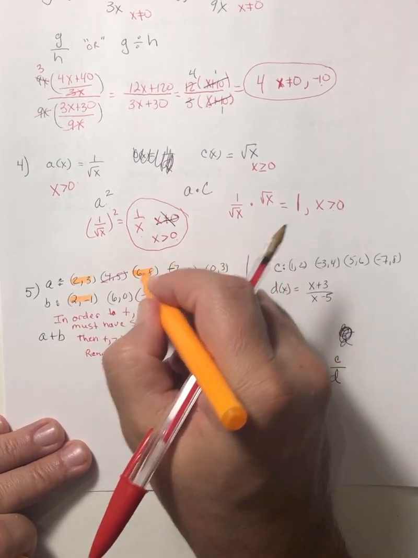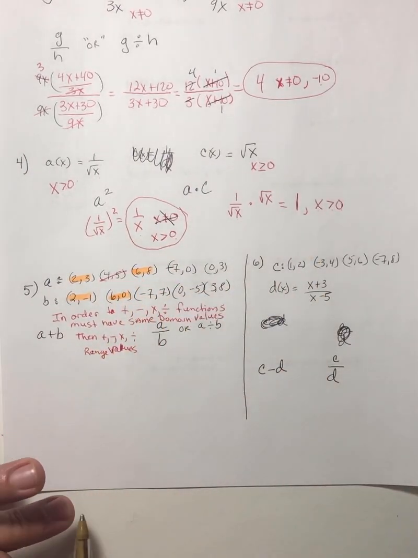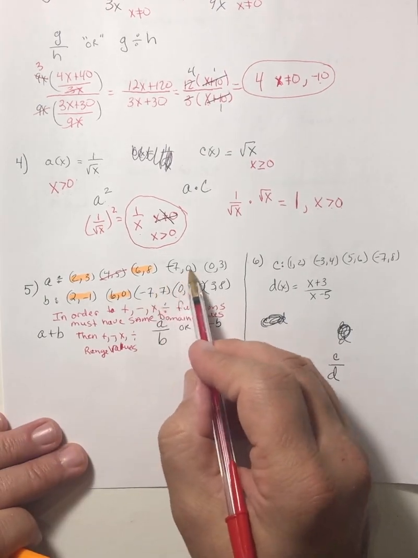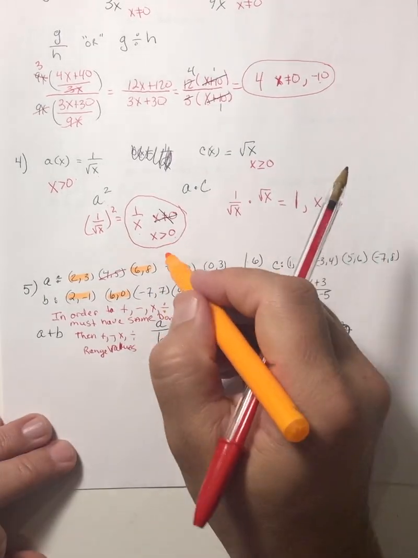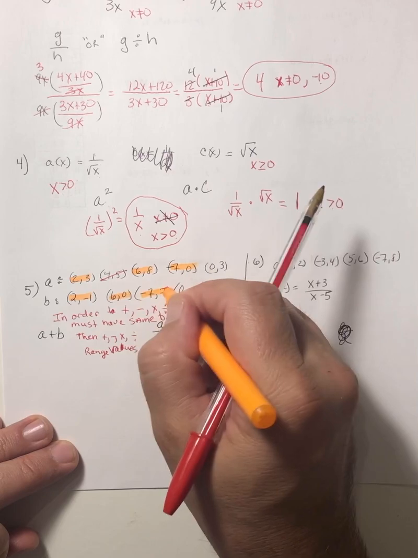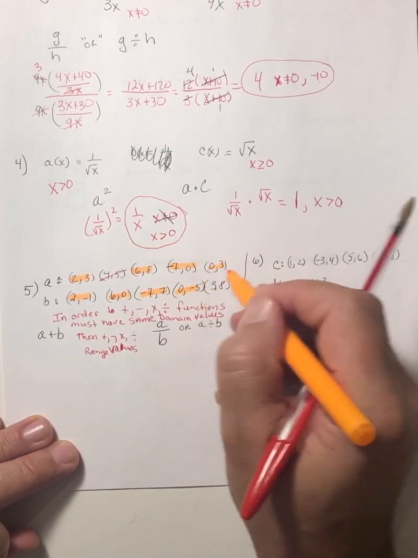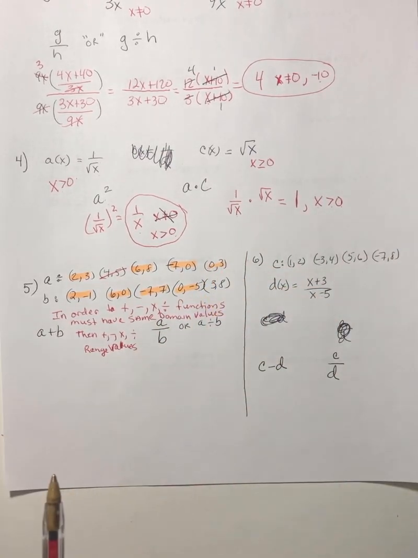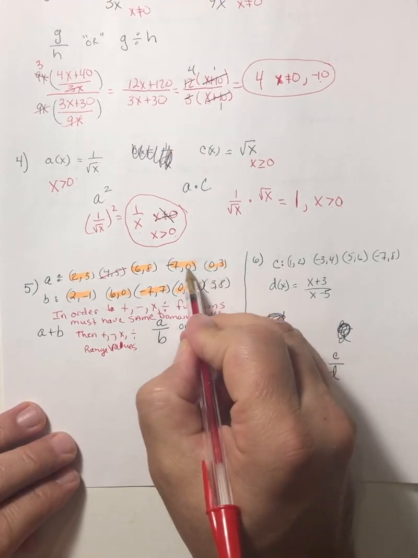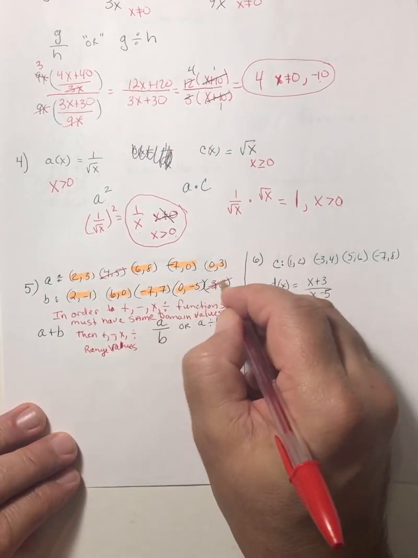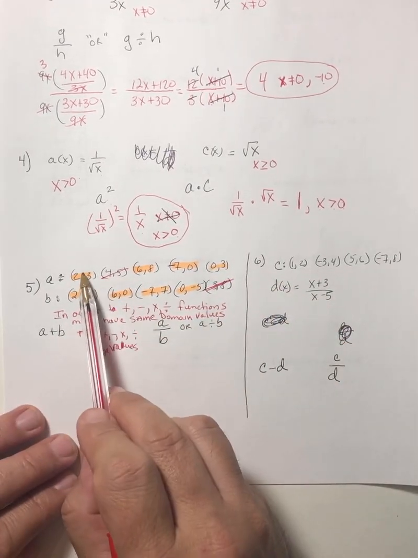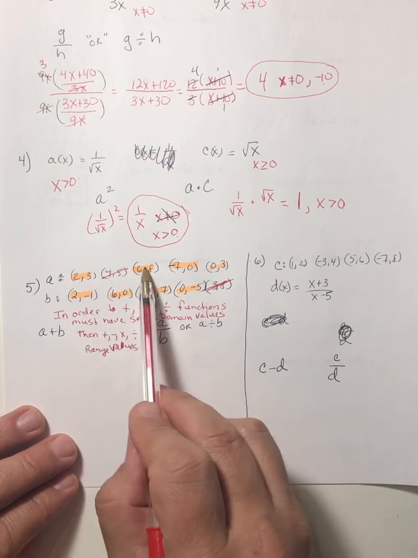Yes, (6, 8) and (6, 0). These two match, so we can do these. And then I have nothing for (3, 8). There's no 3 up here to worry about. So we're only going to have 4 answers here.